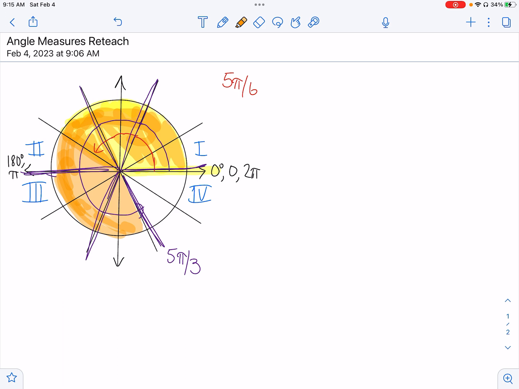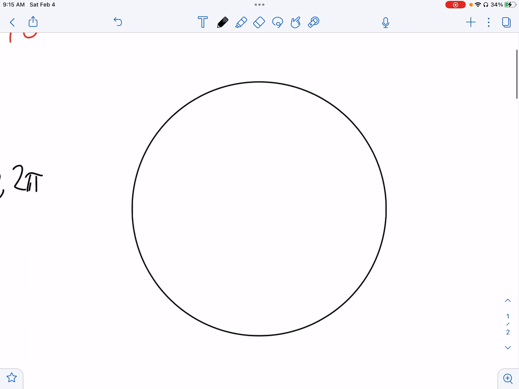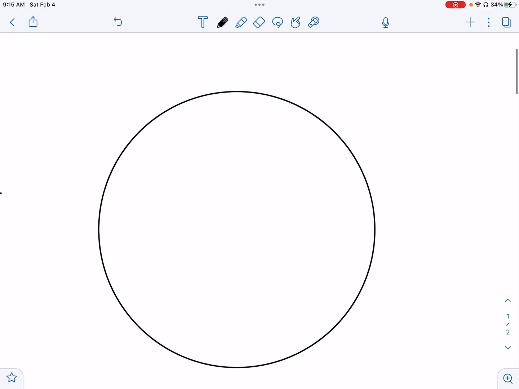Some of you were okay with radians, but when you had to go into degrees, that's where you had problems. So I'm just going to give you the circle. Let's say you were asked, and I'm going to zoom in on this little section over here, to sketch 104 degrees.